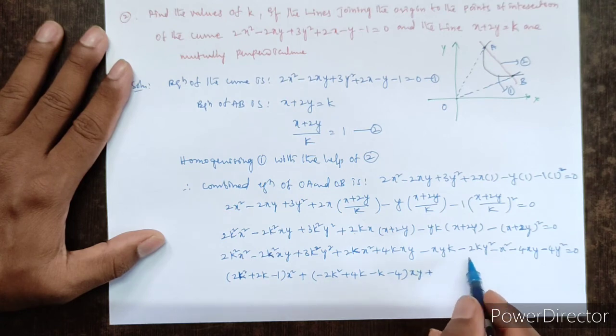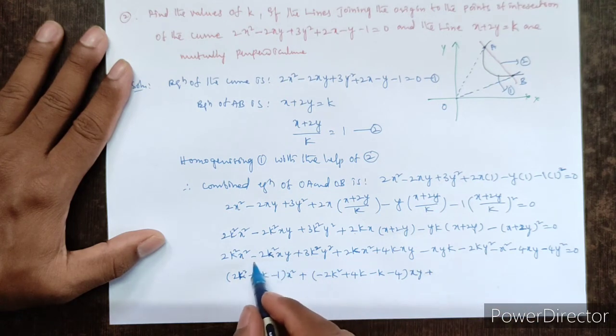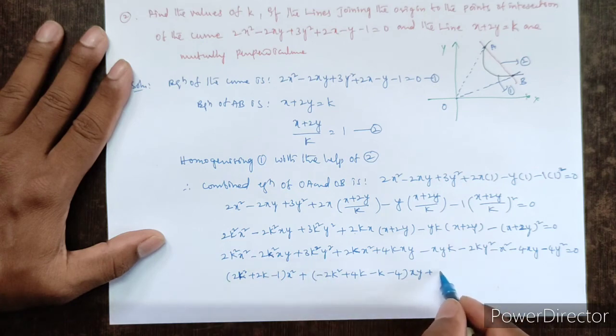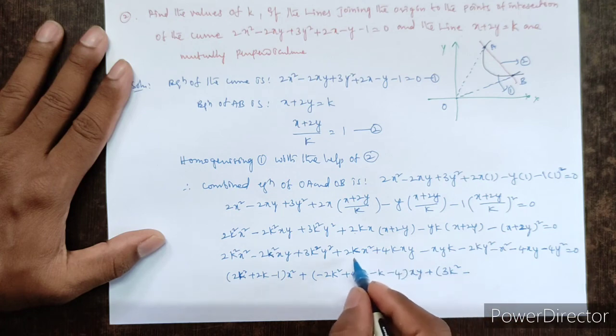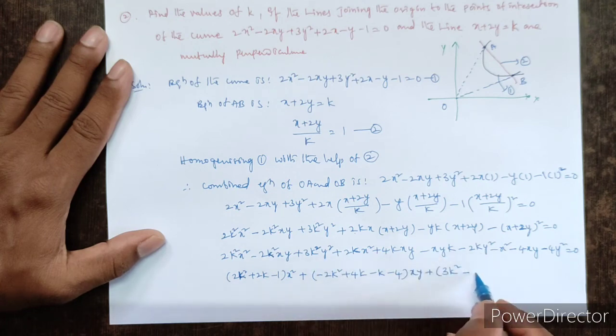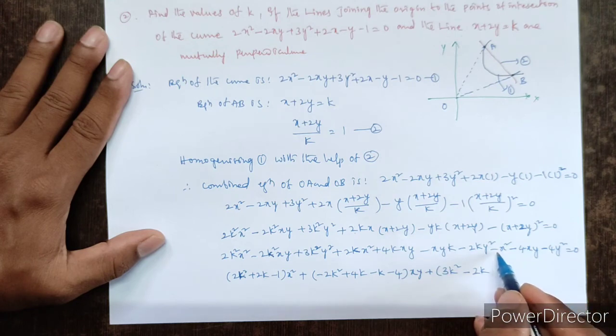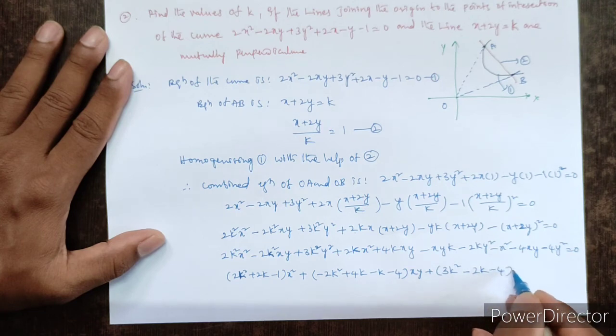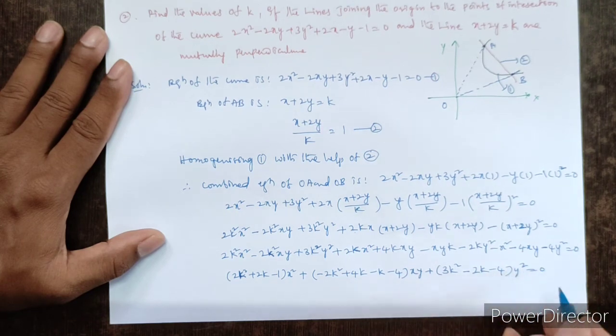Next y square term: 3k square minus 2k minus 4 of y square equal to 0.